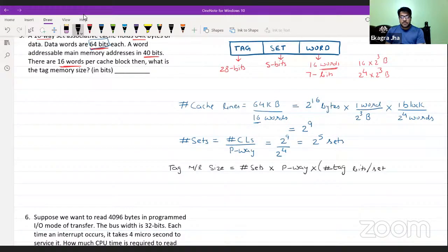So number of sets we are having is 2 to the power 5. P way, which is 16, we can write it as 2 to the power 4, multiplied by the number of tag bits. Number of tag bits we are having is 28 bits. Okay, so after multiplying 28 and 512 will give you the number of total bits in the tag. Okay, that should be your answer.